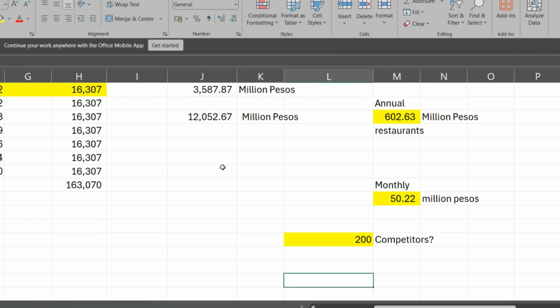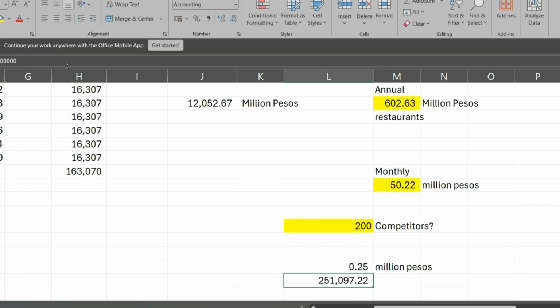So that means on the average, the sales should be about 0.25 million pesos, or actually 0.25 million pesos is 250,000 pesos, right? So let's just multiply it by 1 million. This is now the market monthly.